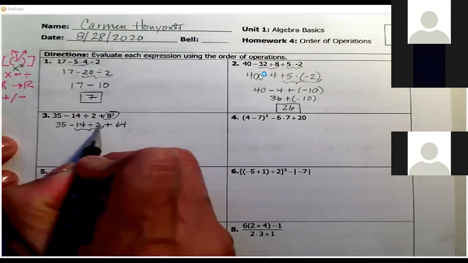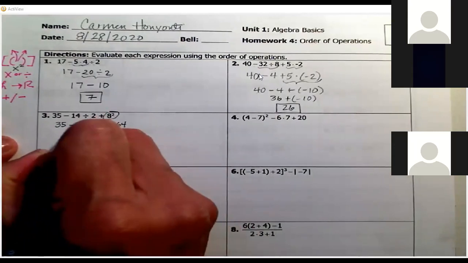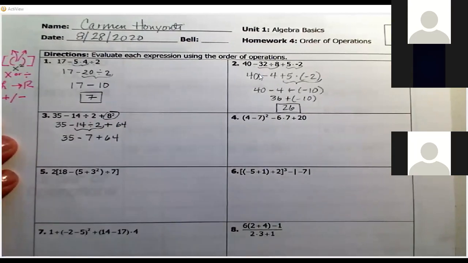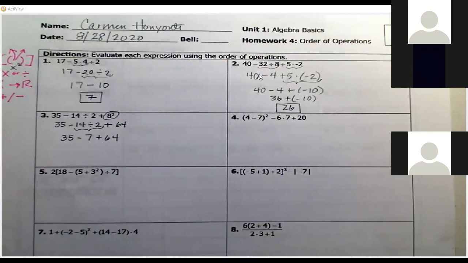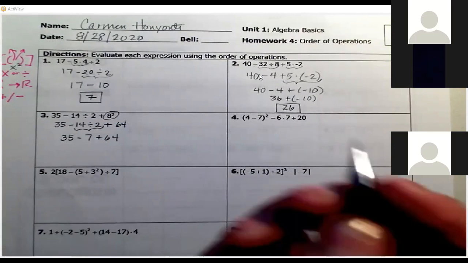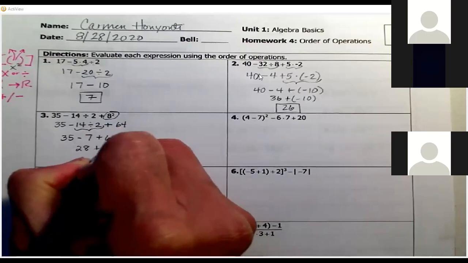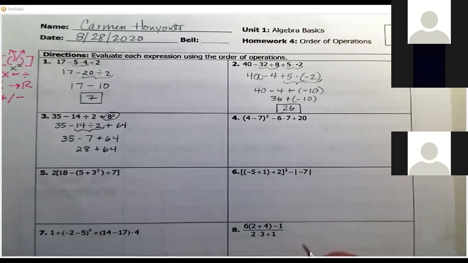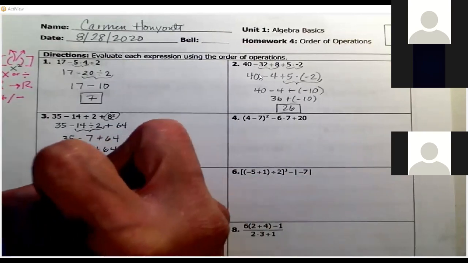So 14 divided by 2 is going to be 7. Now I can add and subtract from left to right. So 35 minus 7 is going to be 28. 28 plus 64 equals 92.